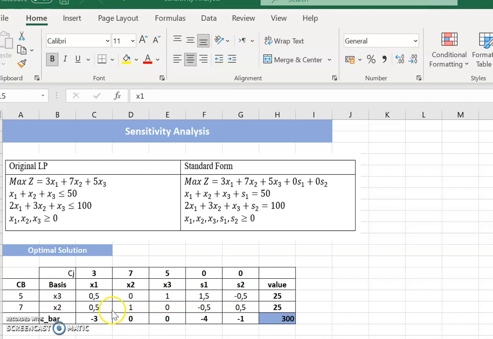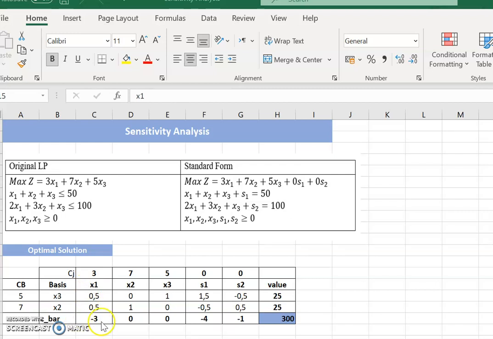Okay, so we have this optimal basis containing x3 and x2, and x1 is equal to 0. So let's start with studying the effect of changing the coefficient of x1, which is a non-basic variable.